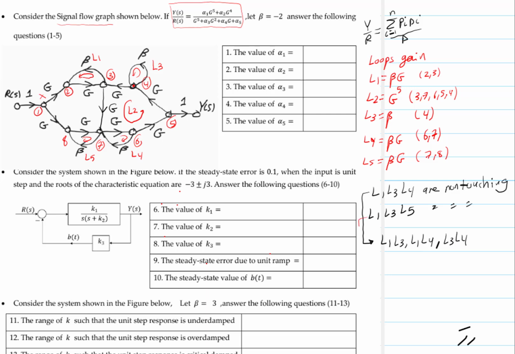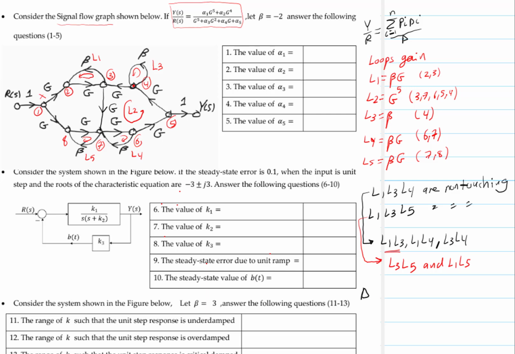Also, from this combination of 3 non-touching, we have L3 L5 and L1 L5. I'm not writing L1 L3 again because I already have it here. So after specifying the loop gains and deciding the touching and non-touching loops, we can write the determinant.